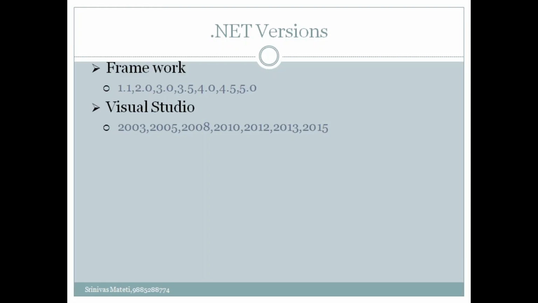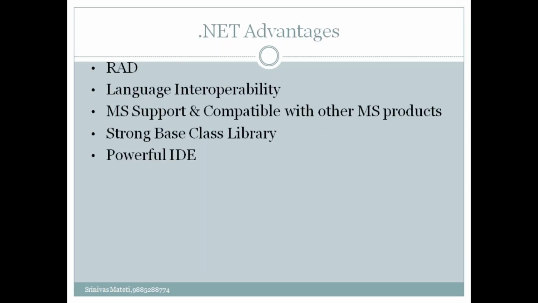But between 2010 and 2012 there are a lot of changes. So you can install the latest, minimum version 2012. And when you install Visual Studio, you don't need to install the framework separately. It will install the default supported framework.